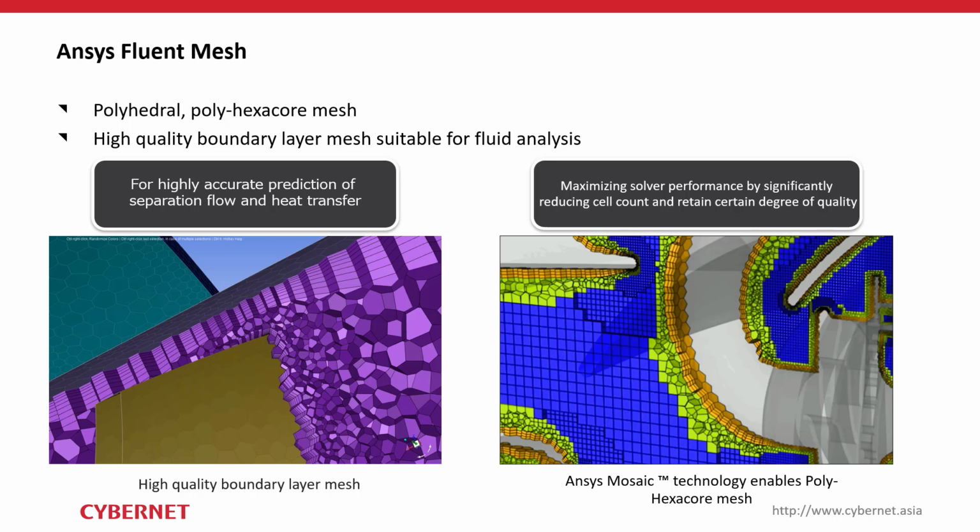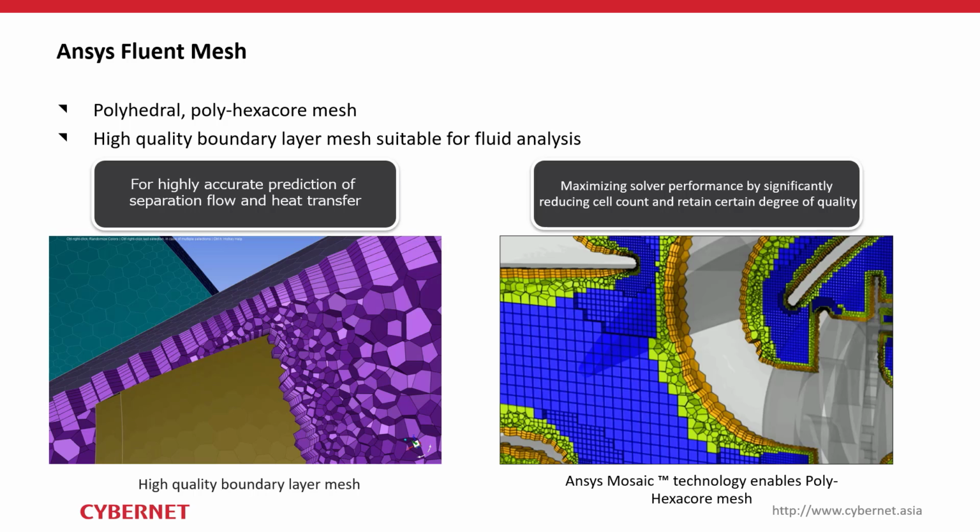There are different kinds of meshing available inside Fluent. You can choose between the options available, so you have the polyhedral mesh or the poly plus hexacore mesh, for example. For highly accurate prediction of fluid flow, polyhedral is the best one to go with, simply because each cell of the polyhedral mesh has more neighboring cells surrounding it, and therefore allows for better and smoother result contours.